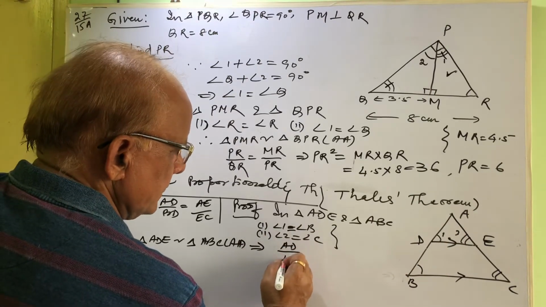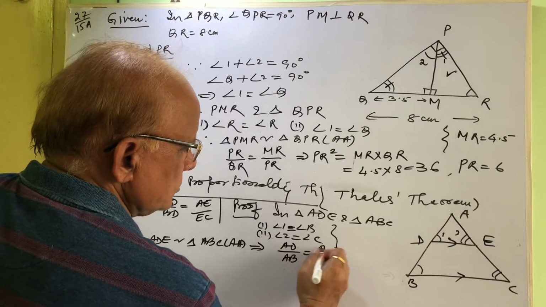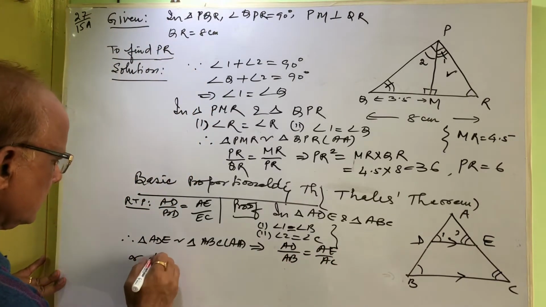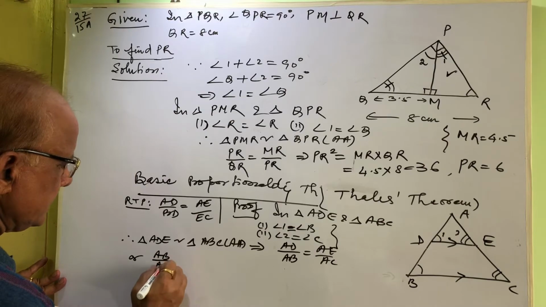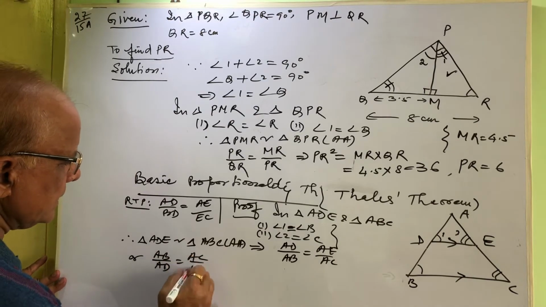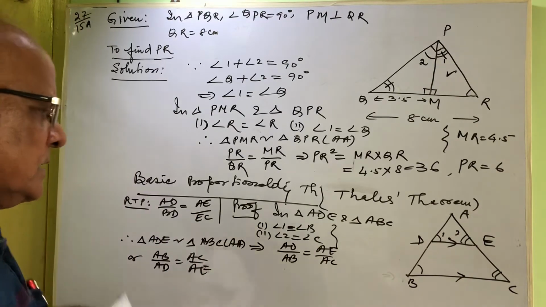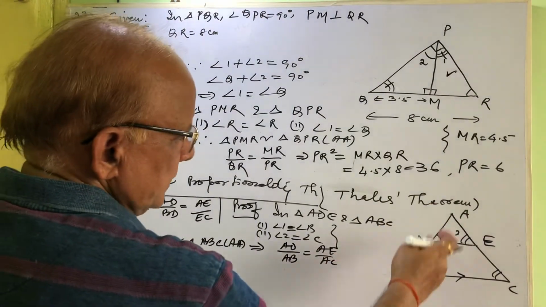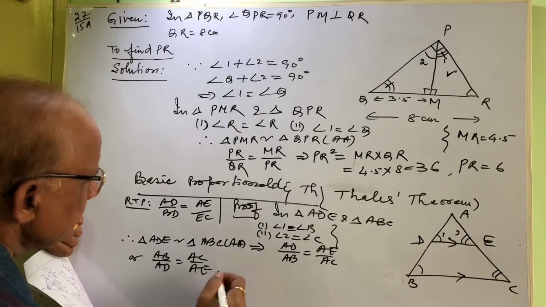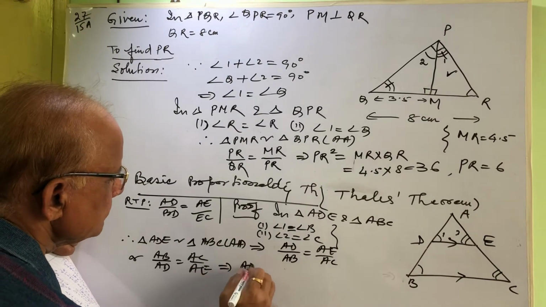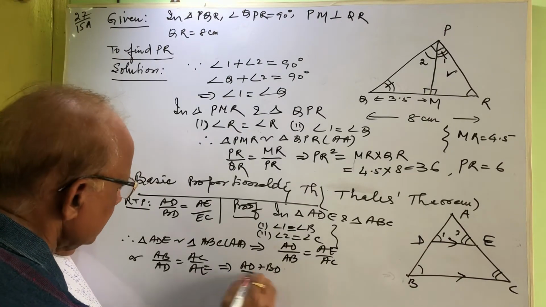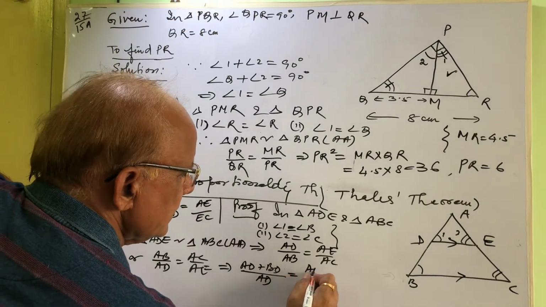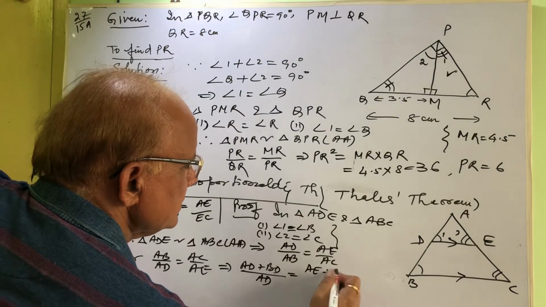AD by AB equals AE by AC, or AB by AD equals AC by AE, because the reciprocals of equals are equal. Now split up AB as AD plus BD. This is AD plus BD by AD, and this is AE plus EC by AE.